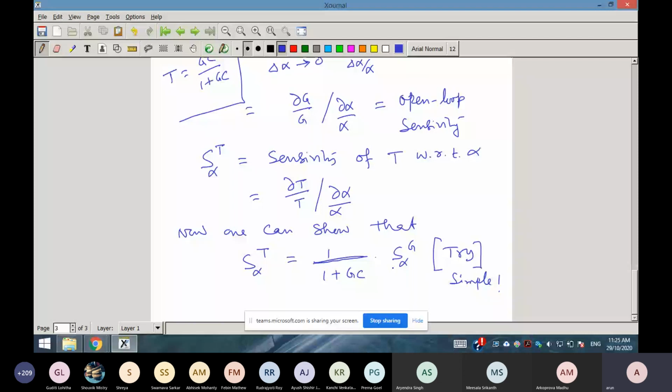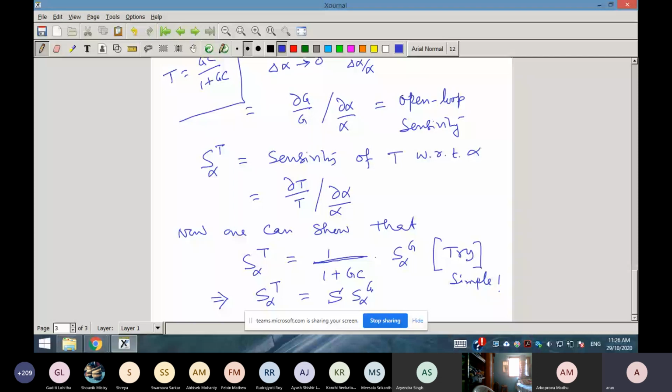As you know from your basic electronics class, feedback reduces the sensitivity of the loop to parameter variation. You might have studied this kind of relation in your analog electronics class also. So now I will write S alpha T equal to capital S into S alpha of G. This S I will term the sensitivity function.